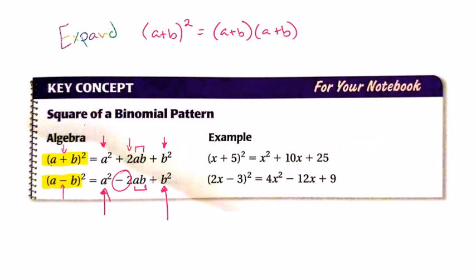So if I look at my examples, if it is a sum, a positive 5 there, the middle term is going to end up positive, and if it is a difference, when I multiply them, I get 2x times -3, which is -6, and then I double it, and I get a -12. Alright, so let's go ahead and look at some examples.